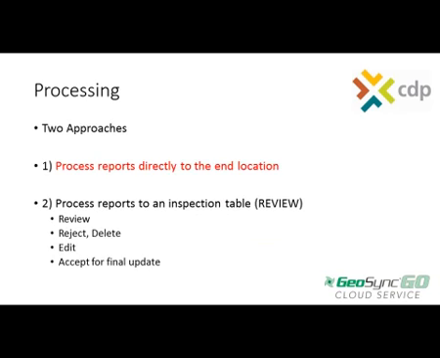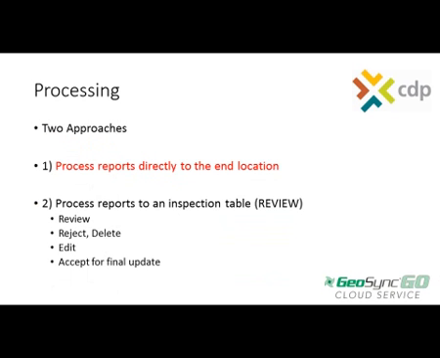There are two primary approaches for processing. You turn the process tool on, and it writes the information from the field form to the database to its end location. Or the second one is that we put another step in there, where we write that information and have the chance to review it before it goes to its final destination.